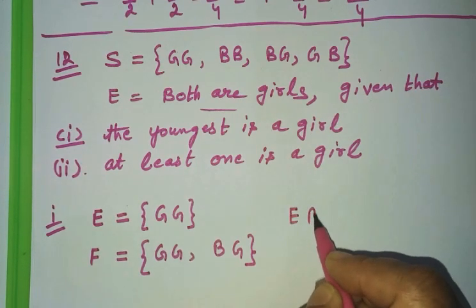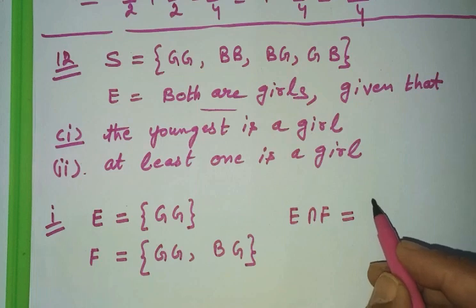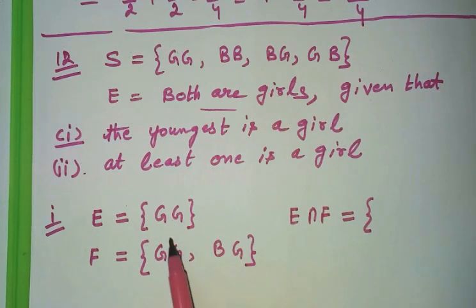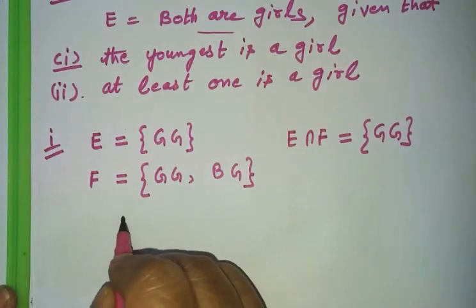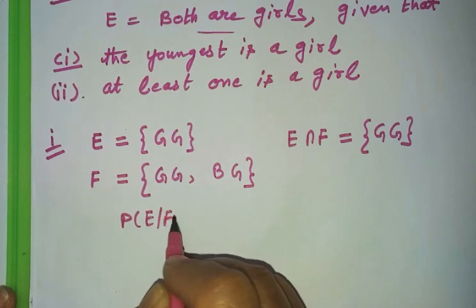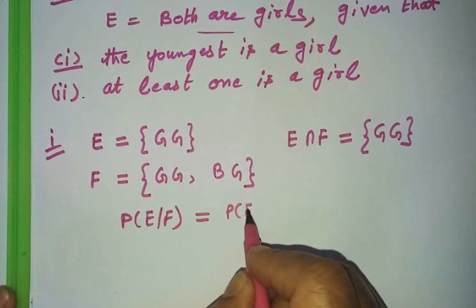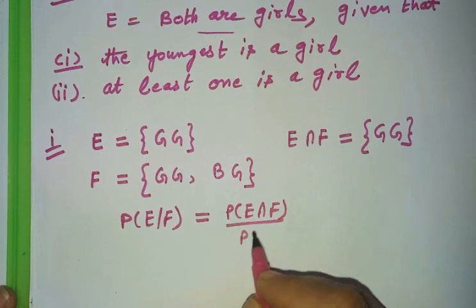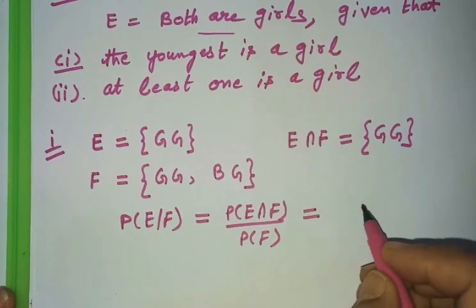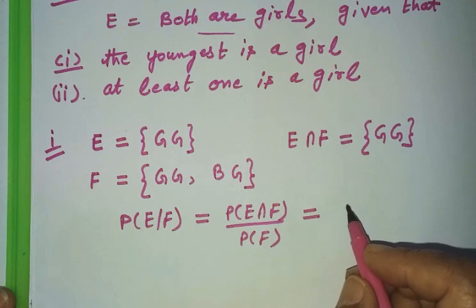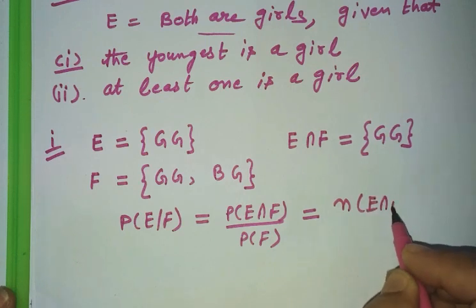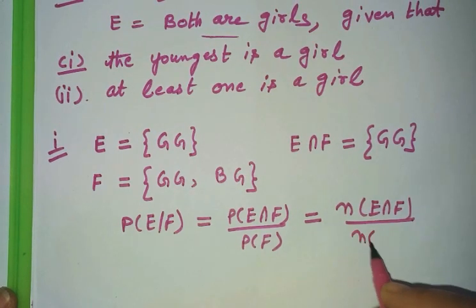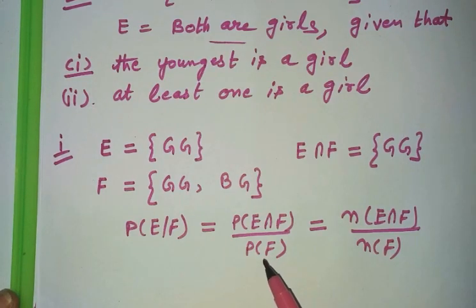So we have to find probability of E by F. Let us write the set E intersection F also. We can see these are two sets. What is the common element? The common element is G comma G. And now we find probability of E by F. That is equal to probability of E intersection F divided by probability of F. You also know that, instead of writing the probabilities, we can also write number of elements in E intersection F divided by number of elements in F, because the elements of sample space get cancelled from numerator and denominator.